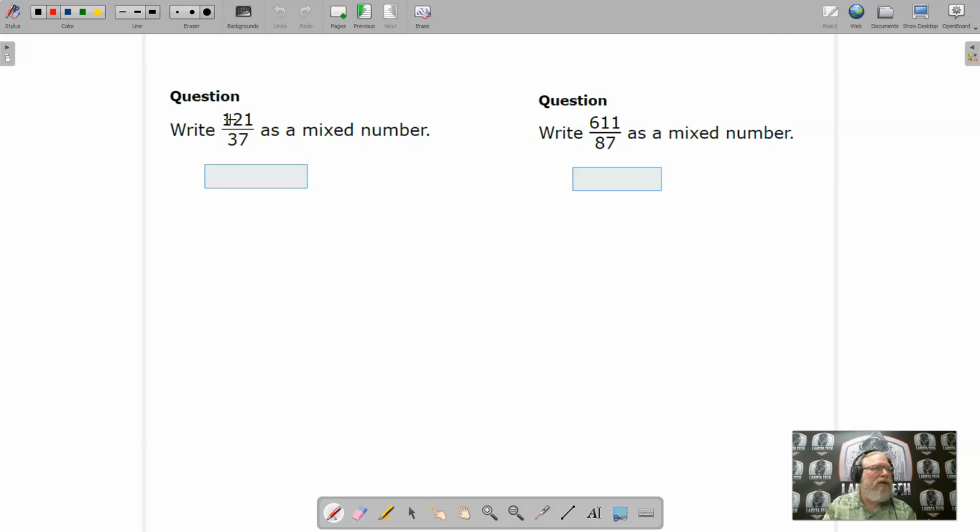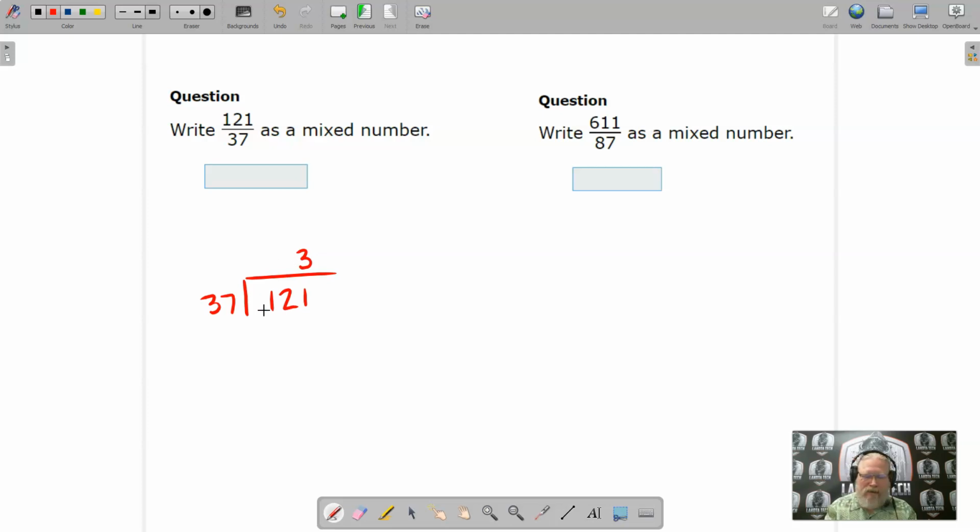Last two problems here. I have 121 over 37. So we realize that's a division problem, right? Using my calculator, 121 divided by 37 goes in 3 times. So I know my 3 is going to go there. Now I need to know 3 times 37.